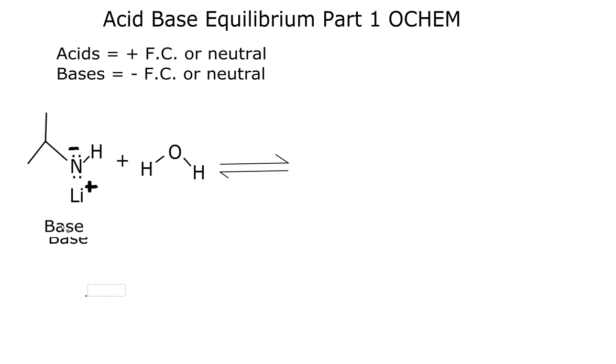And if this is our base, then water will be our acid. And water is special because it can act as a base or an acid depending on what it's reacted with, and we call that amphoteric. So let me redraw these molecules over here by just copying and pasting them so we save time.